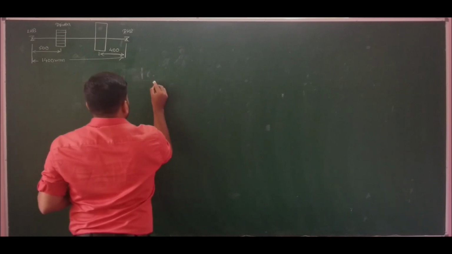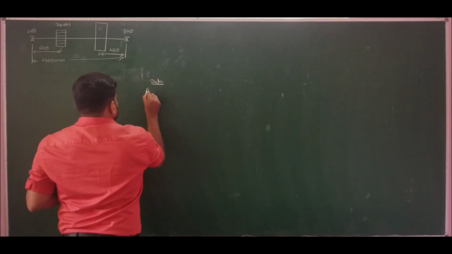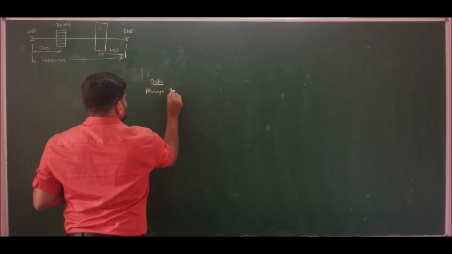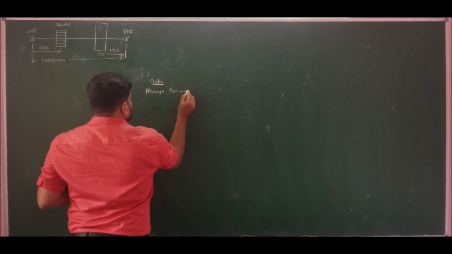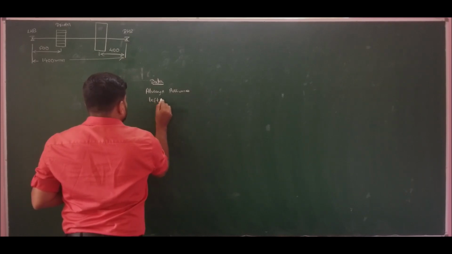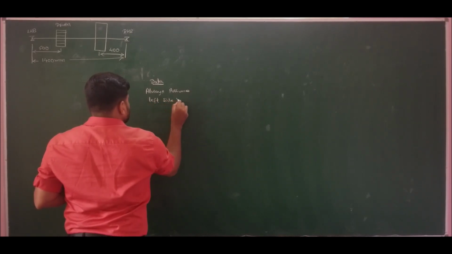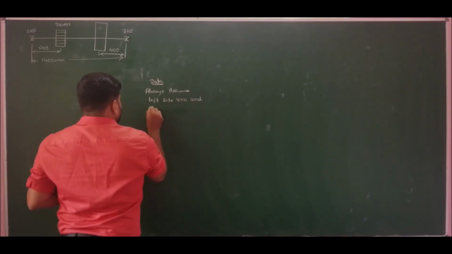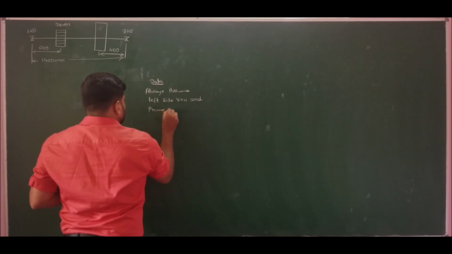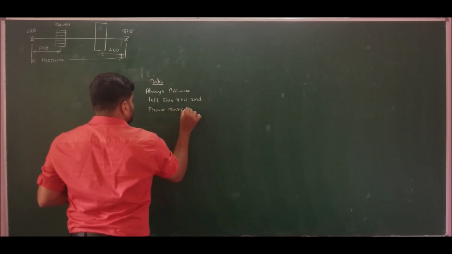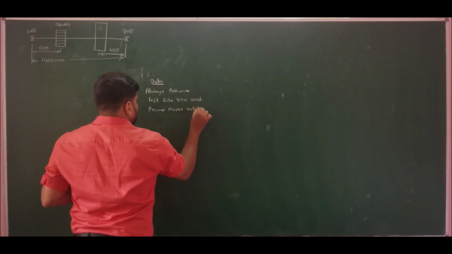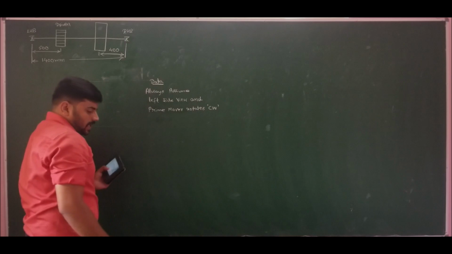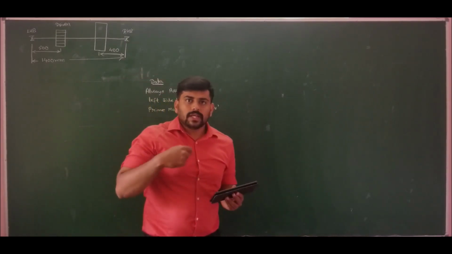So if I list out the data given, if the direction of view and sense of rotation are not given, then always assume left side view and the prime mover rotates clockwise. So the prime mover is the one which is giving power to the shaft.